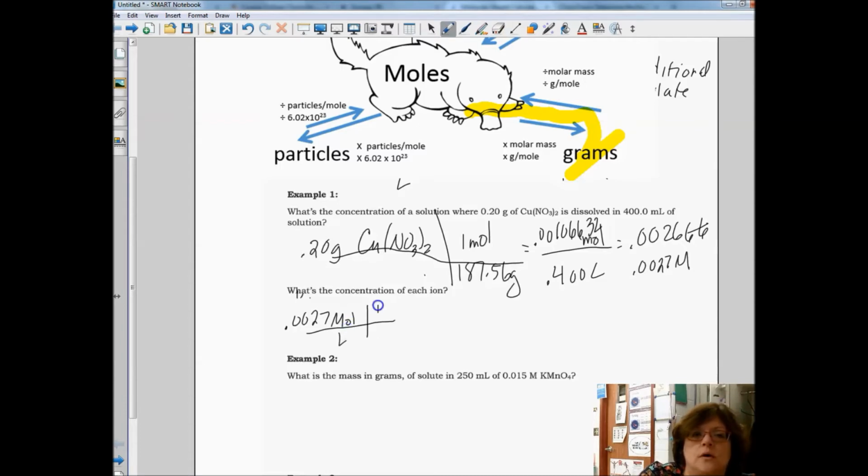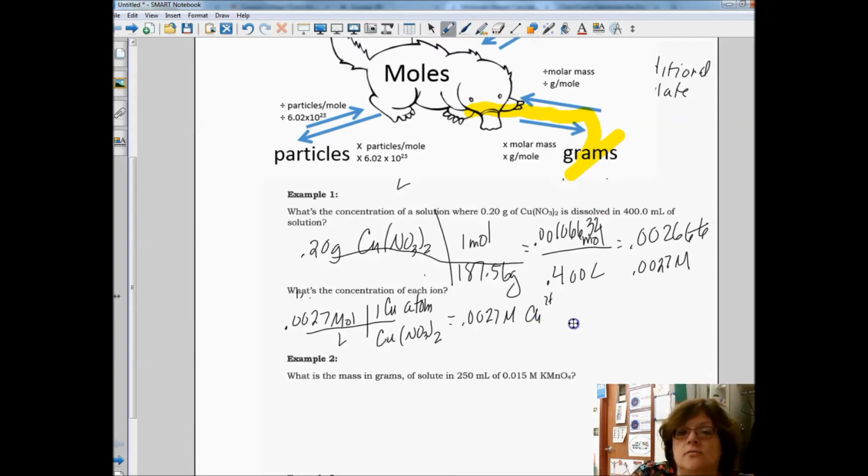There is 1 copper ion in each formula unit of copper 2 nitrate. So we just multiply by 1 and we get 0.0027 molarity of copper ions.